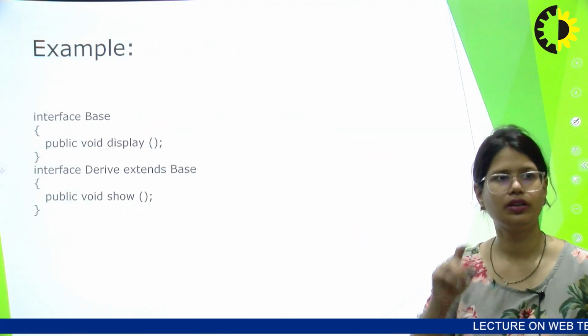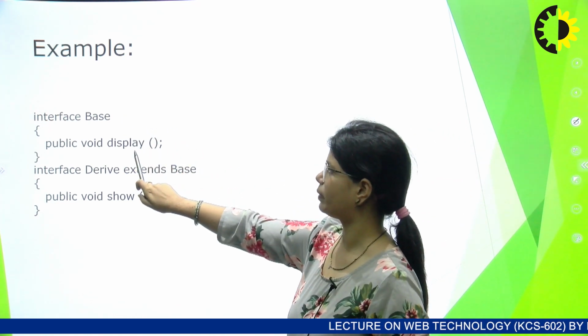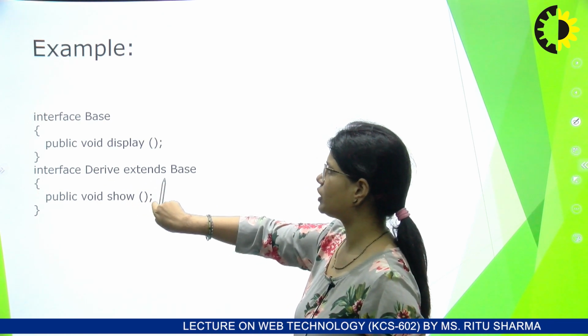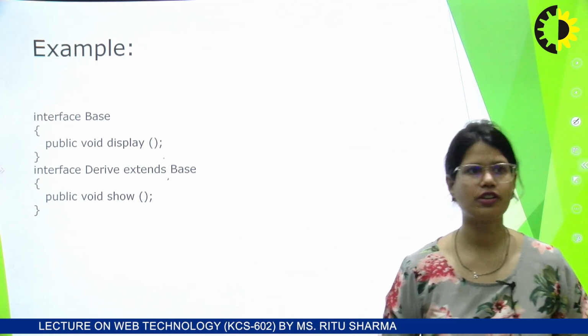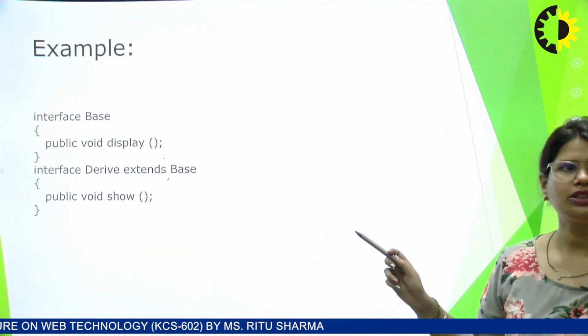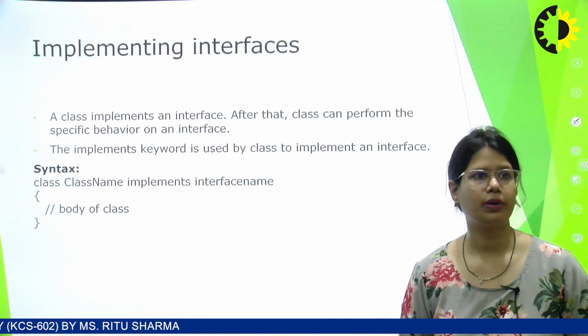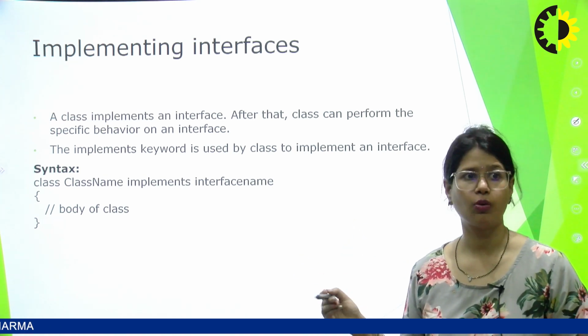For example, say we have an interface Base with the method display, and there is another interface Derive which extends Base with the method show. This means interface Derive will have both the methods, display as well as show. Now implementing interfaces: I have already told you how we implement.